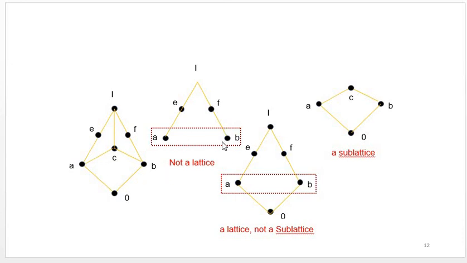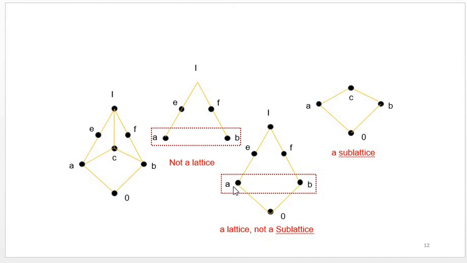So here in the second diagram, for A and B there is no least upper bound, so it is not a lattice. If you consider this Hasse diagram, for A and B there exist LUB and GLB, so it is a lattice.